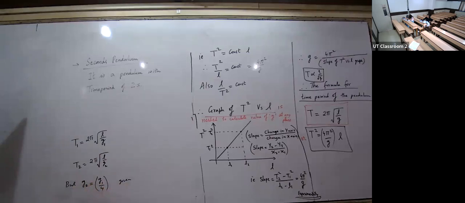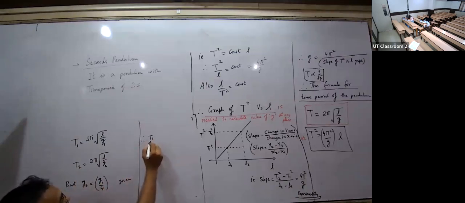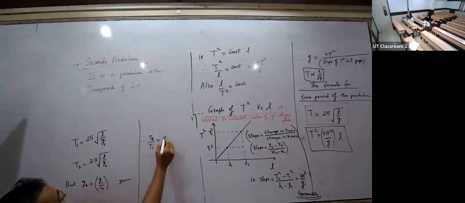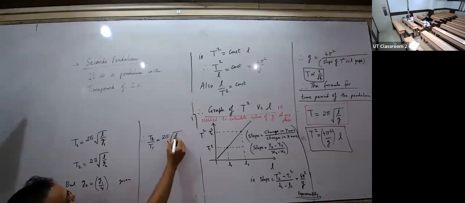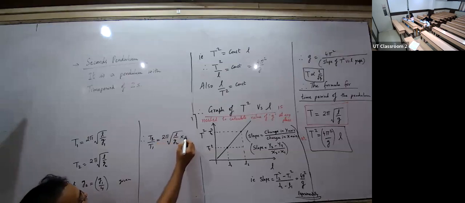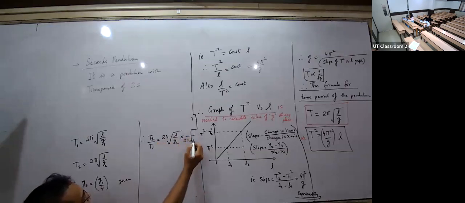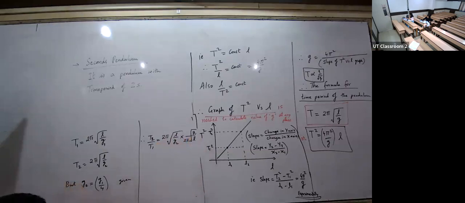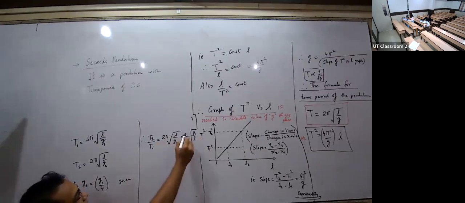So now compare. Therefore, T2 upon T1 is equal to 2 pi root L by G2 into 2 pi root L by G1, correct?